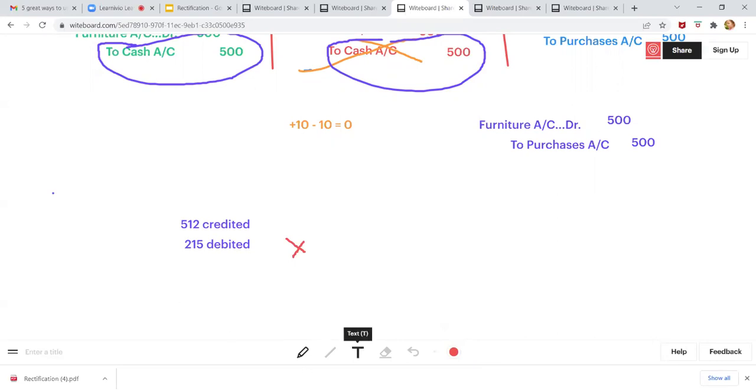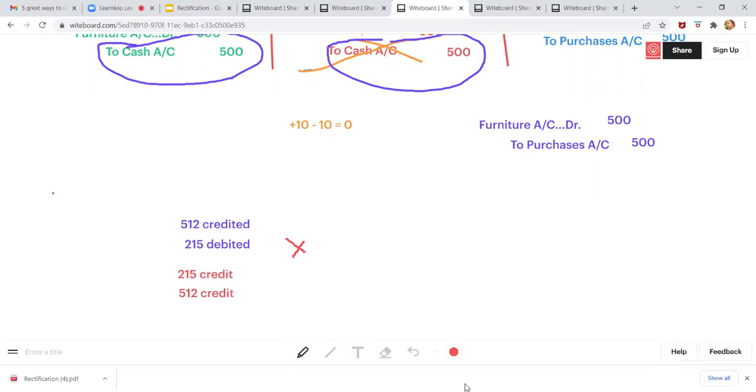So how will we rectify? We will do the opposite. How? We will credit the debit thing, 215. Also, we have to rectify this portion also.